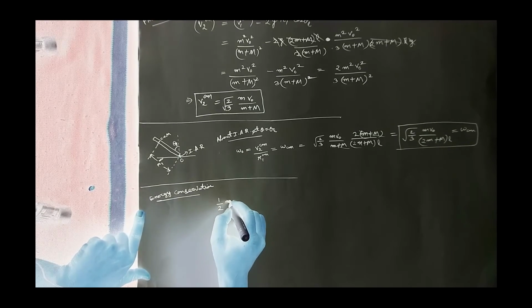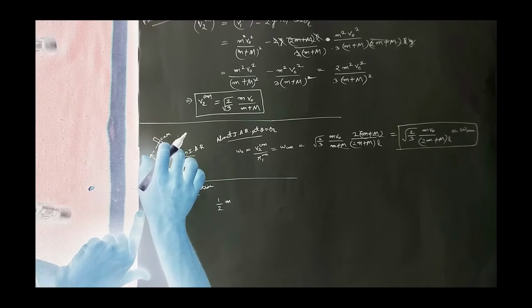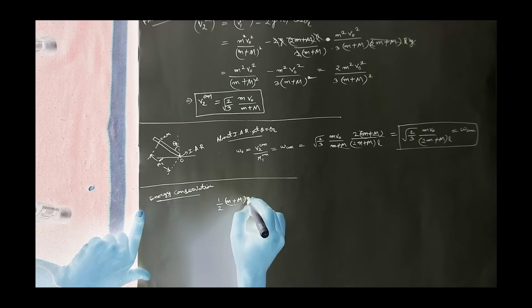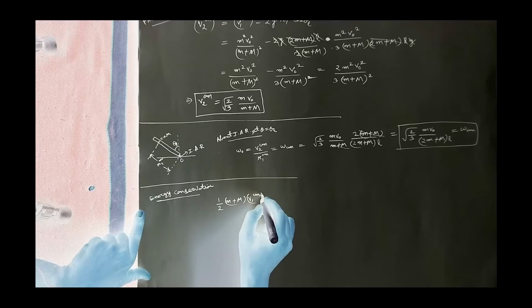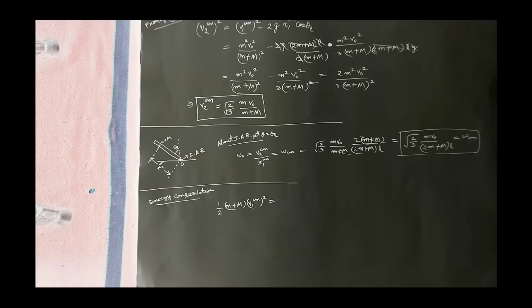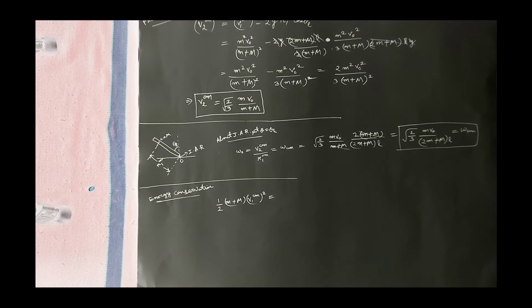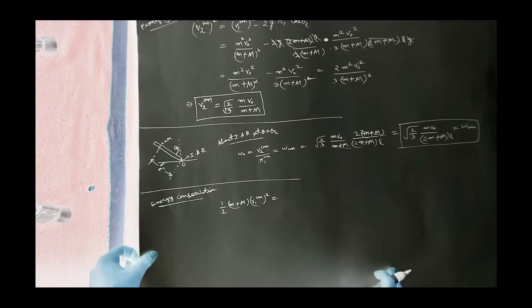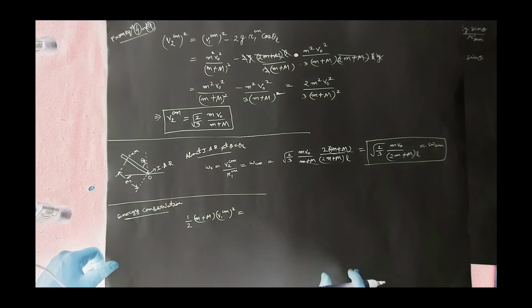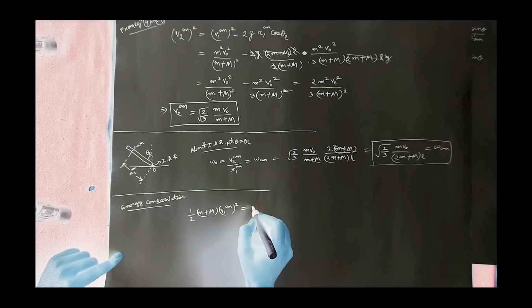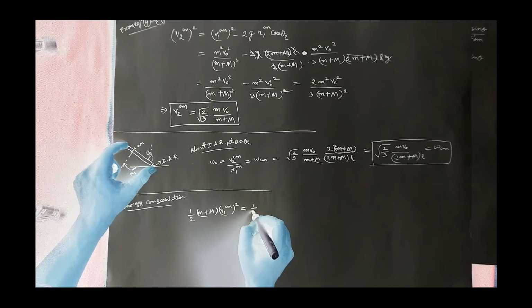The energy at the bottom when the bullet and block got stuck, (m plus M) v1cm square by 2, equals the energy at this position. Energy at this position is how much?